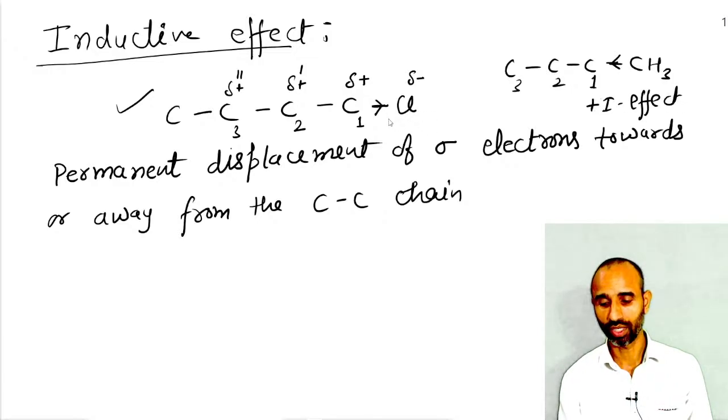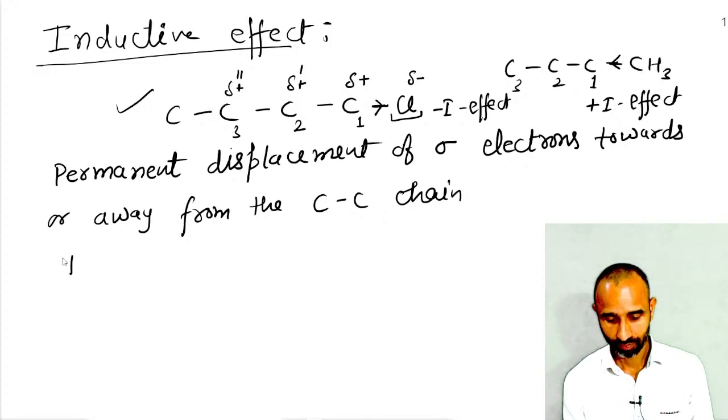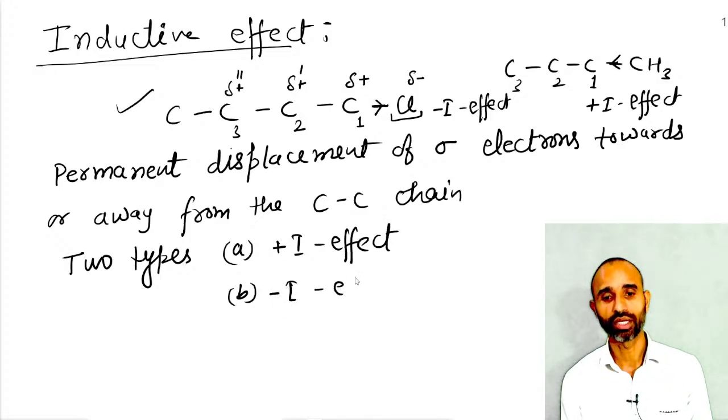And chlorine, as it is electron withdrawing, is called minus I effect. So inductive effect is of two types. First is plus I effect and second is minus I effect.